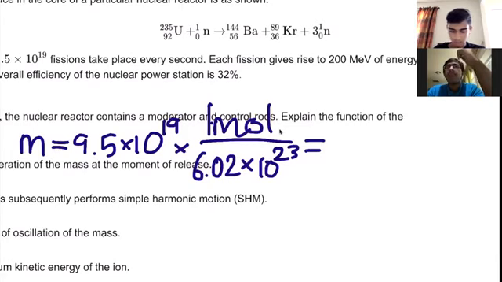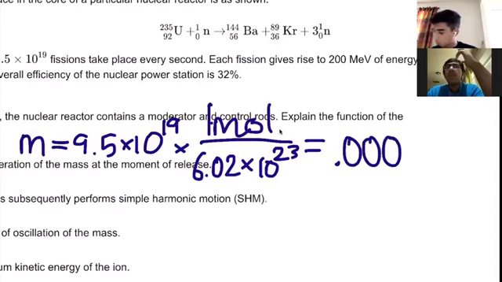9.5 times 10 to the 19 divided by 6.02 times 10 to the 23. Okay, so this gets 0.000158 moles.